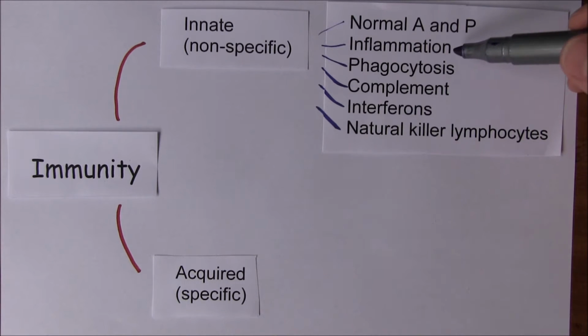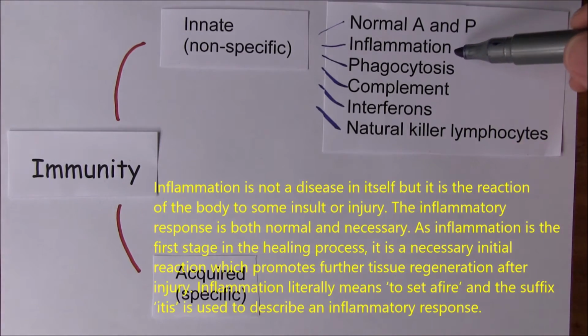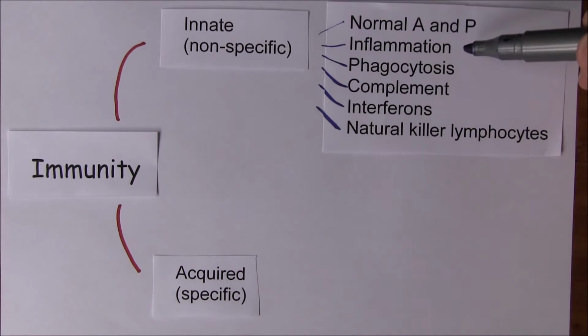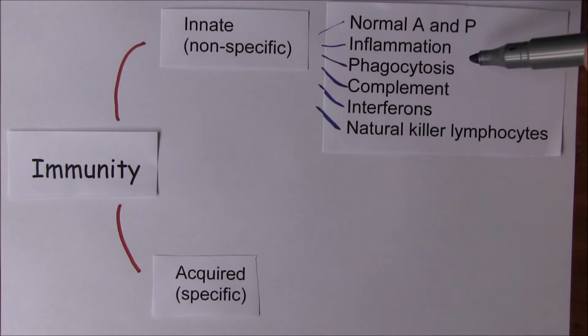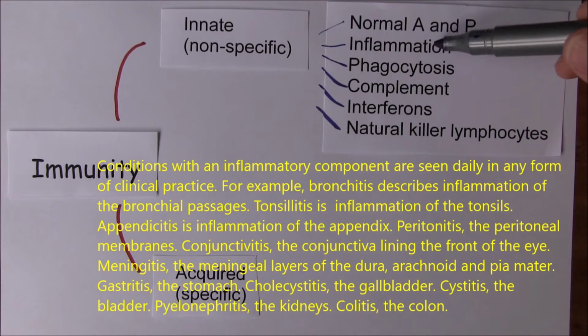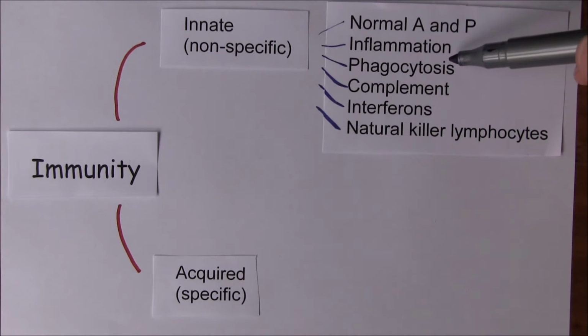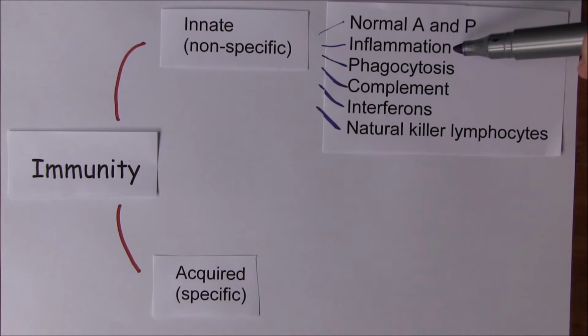Now, the inflammatory response is innate. It's not specific to anything. What I mean by that is the inflammatory response is the body's generic response to any tissue insult. So it doesn't really matter whether that tissue insult is burning or cold, or an immunological reaction, or a trauma, whether it's a cut, whether it's a bump, whatever it is, the inflammatory response is always the same.